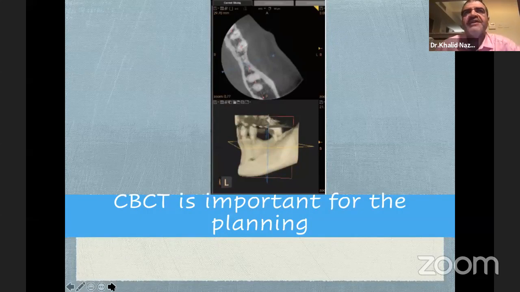Now, most of the techniques that we use now rely on cone beam. We started again in the 2000s when cone beams were not available. So we had to use 2D radiographs and our palpation skills and our experience. But now there is no excuse for us not to use cone beams in planning decortication, in planning orthodontics.